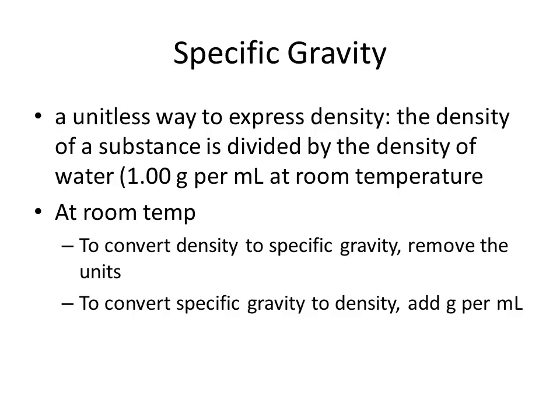But remember, the density of water at the temperatures at which we usually are in, at room temperature, let's say, is 1 gram per milliliter. So basically, you just remove the units from density and you have its specific gravity. To convert specific gravity to density, add gram per milliliter as a unit.